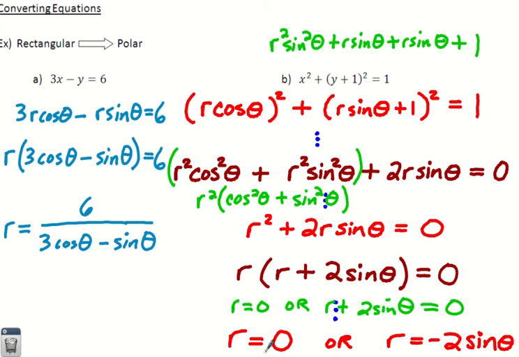So you get r equals 0, or r equals -2 sine of theta, which for now, I'll just say that the bestest final answer, not that there's anything wrong with this, again, I'll explain some other time.